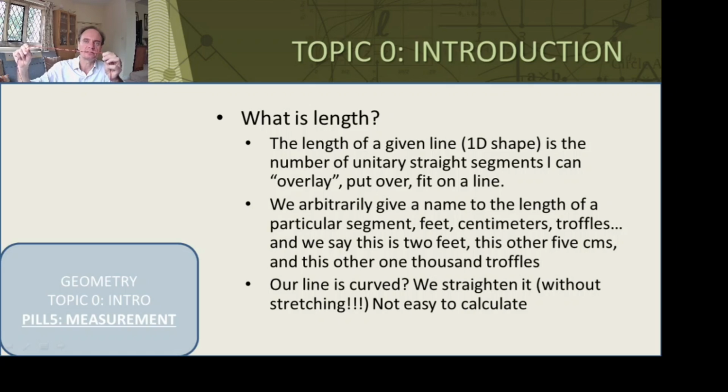We define which our unitary segment is going to be. For instance, the width of my nose, and we measure 1, 2, 3, 4, 5, I don't know, 20 noses. Or instead of noses, we could use palms, and we could say, okay, this seems to be 1 palm and a half, because it's the number of unitary segments or parts thereof I can fit on a given shape. So the idea is clear.